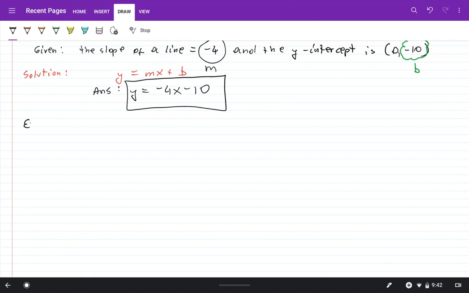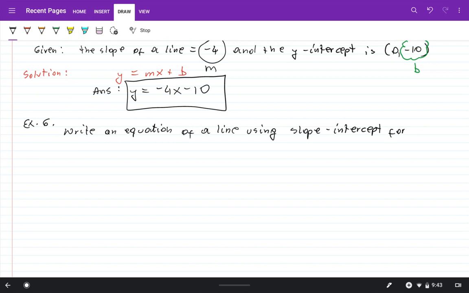Let's do something a little more advanced. Write the equation of a line using slope-intercept form, having a slope of 2 and passing through the point (-3, 1).